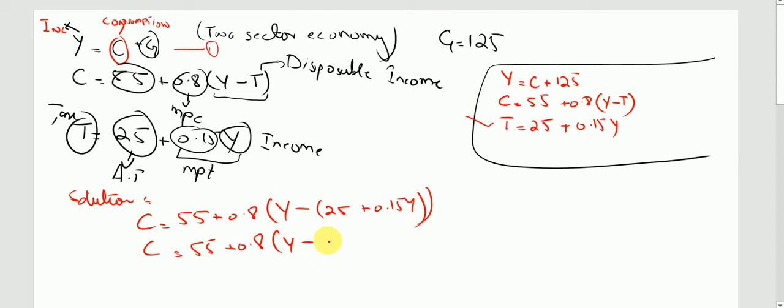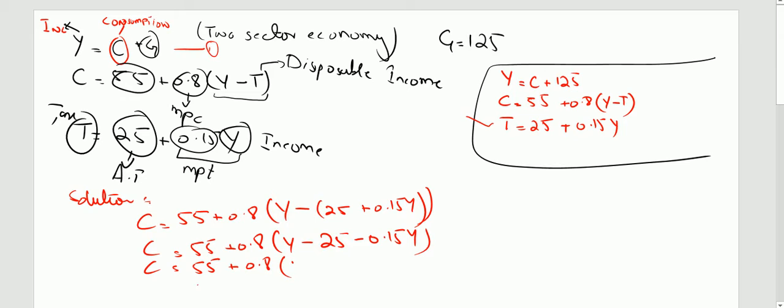So y minus 25, and here we have a minus outside of the bracket. When we open up the bracket, the sign gets changed, so minus 25 minus 0.15y. Then we have to subtract 0.15y from y.